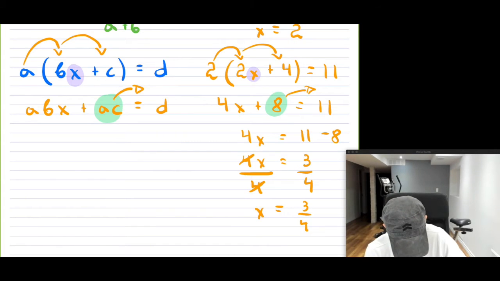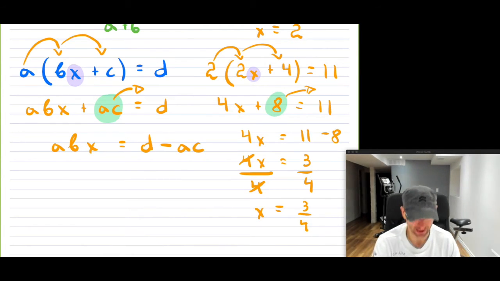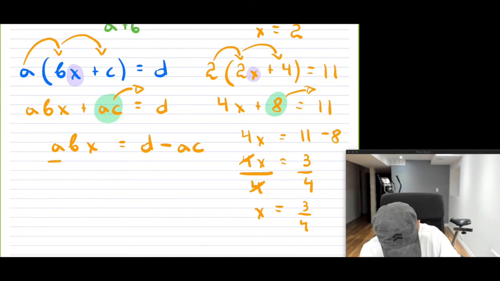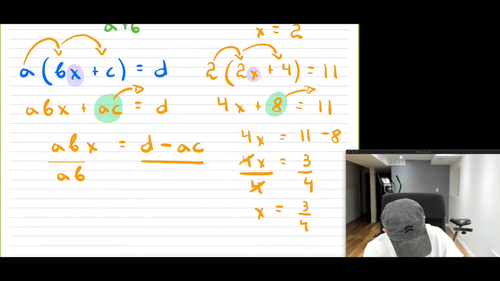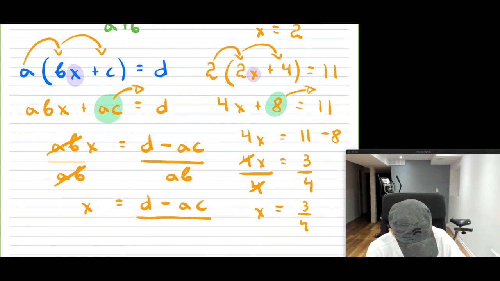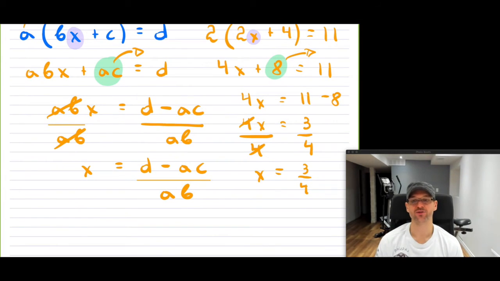So I'm going to have abx is equal to d minus ac. Because I shifted it over, the actual sign has changed. And now finally, to finish this, I want to get rid of the a and the b. So I have to divide both sides by ab so that this cancels. And I have x is equal to d minus ac all over ab. And that's your formula.